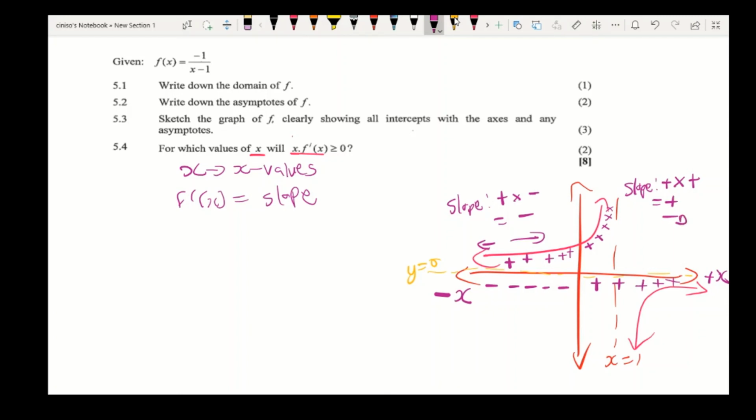This means that in 5.4, x is greater than or equal to 0, because from the origin to the positive side of the x values, we are getting positive solutions. And x must not be equal to 1. We must make sure that the x values are not equal to 1, because this is where we have our vertical asymptote, and the function is not passing through this line.